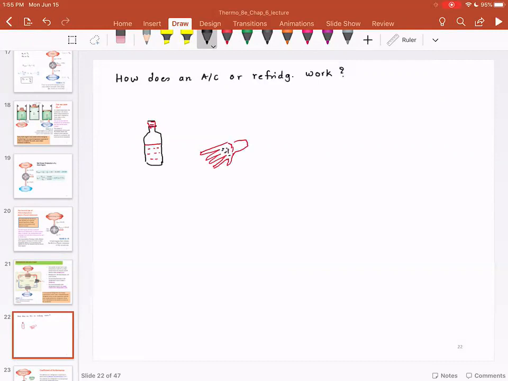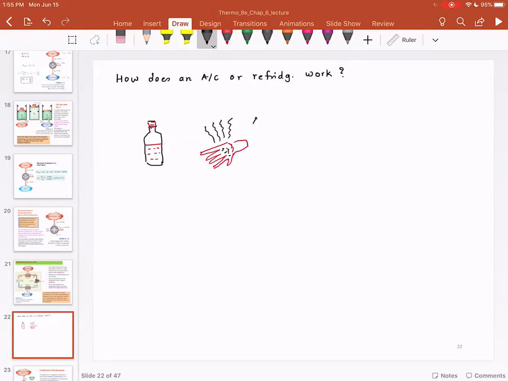What's going to happen is this rubbing alcohol is going to evaporate. And as it evaporates, it's going to absorb the heat of evaporation from your palm.